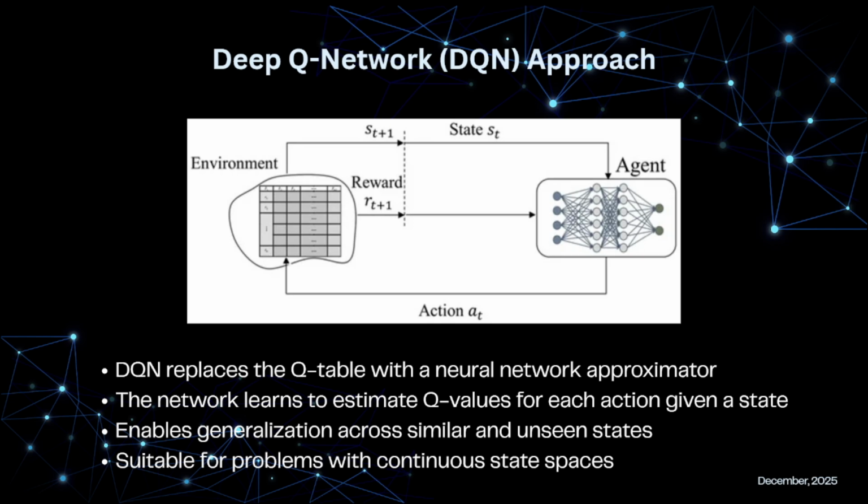Instead of storing Q values in a table, DQN uses a neural network to approximate the Q function. Given a state as input, the network predicts the expected future reward for each possible action. This allows the agent to generalize its learning to states it has not seen before.